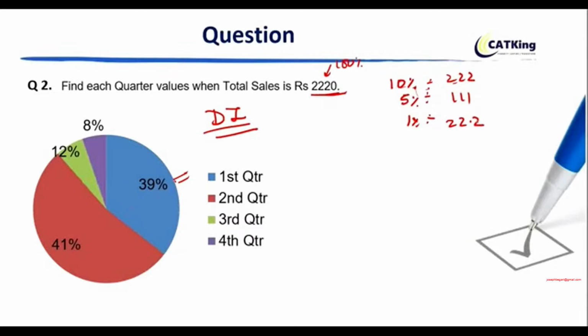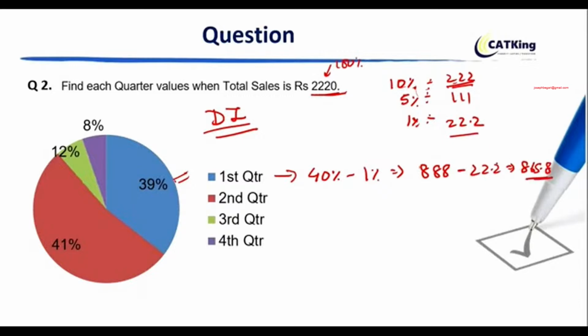Now I have to calculate 39%. What is 39%, guys? First quarter: 40% minus 1%, correct? What is 10%? 222. So what will be 40%? 4 times this, 888. Minus 1%, 22.2. This is 865.8. See how simply I calculated this.